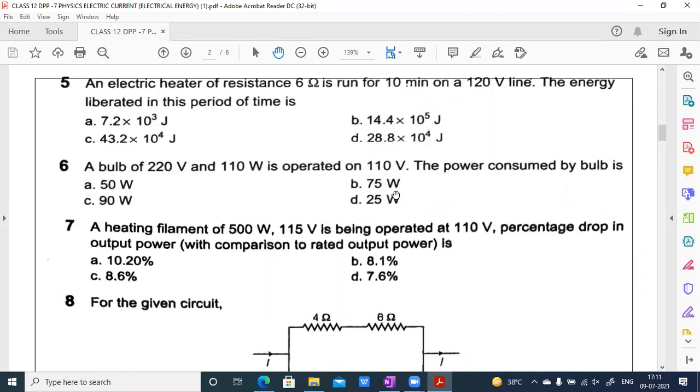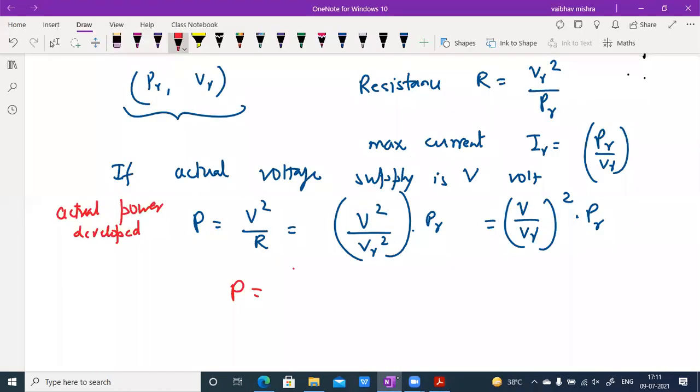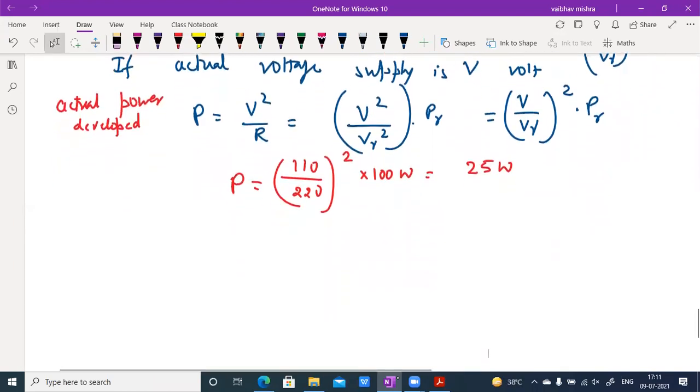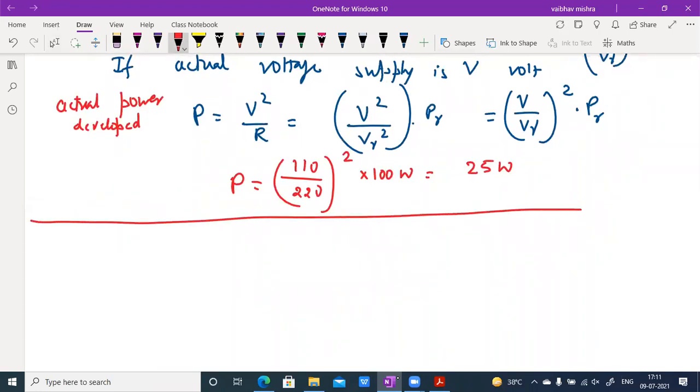So V is 110 and VR is 220, and this has a 100 watt power. 100 by 4 that is 25 watt. 25 watt is the actual power जो कि हमें इस 100 watt के बल्ब से मिलेगा when the supply voltage is 110 volt instead of 220 volt. 220 is supposed to come, then the power would have been 100 watt. तो हम इस फॉर्मूले को भी एक तरह से यूज कर सकते हैं डायरेक्टली.